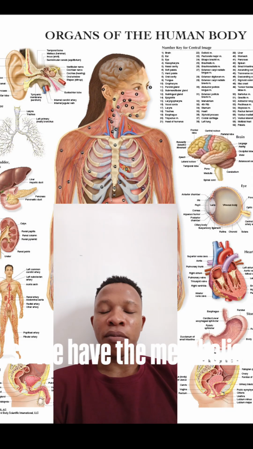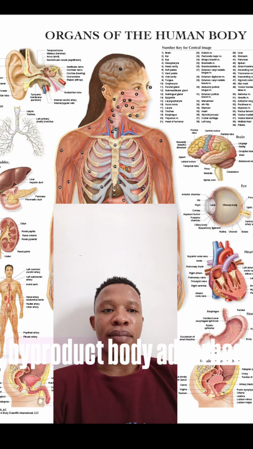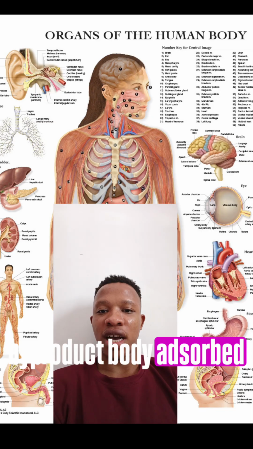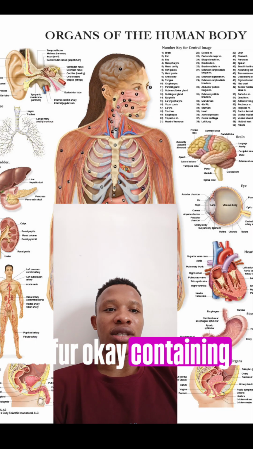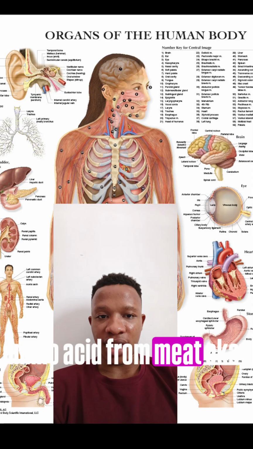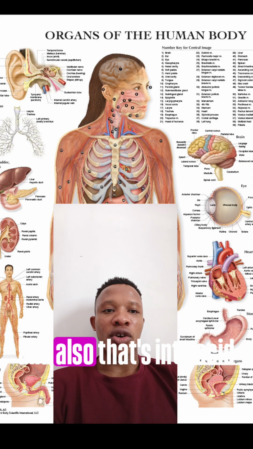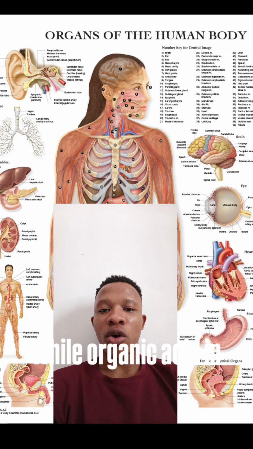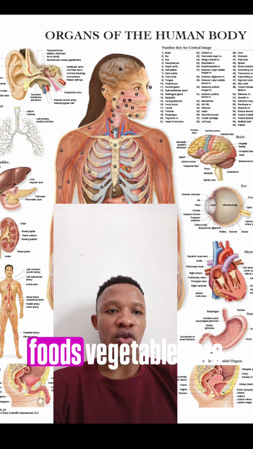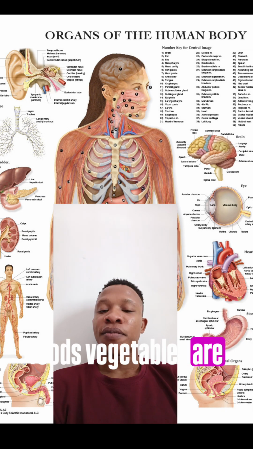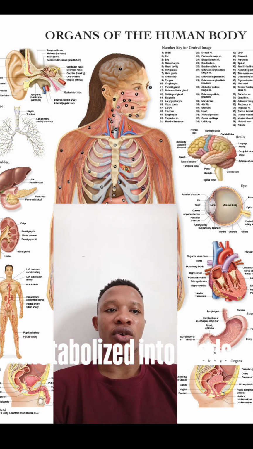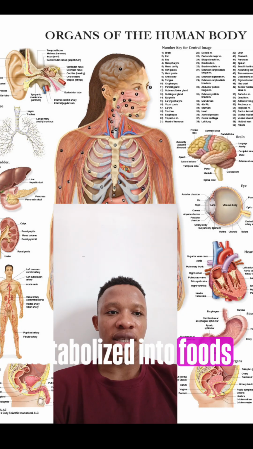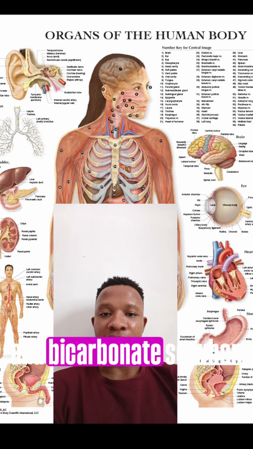So we have the metabolic byproduct. The body absorbs sulfur-containing amino acid from meat, okay, and oxidizes it into acid, while organic acid in foods, vegetables, are metabolized into bicarbonate.